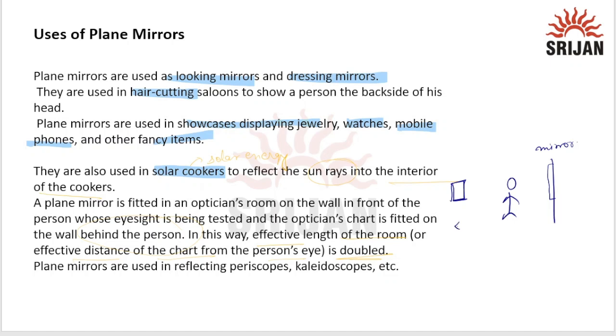Let's say the distance of this chart from the wall on which mirror is there is D. Therefore, it will form the chart here also on the distance of D. Now the person is asked to look at this image, and then read. So the effective distance increased. Otherwise, if the mirror would not have been there, then what would have happened?